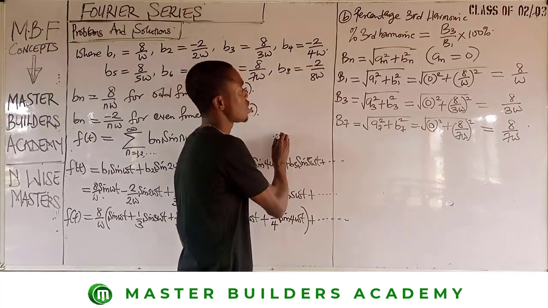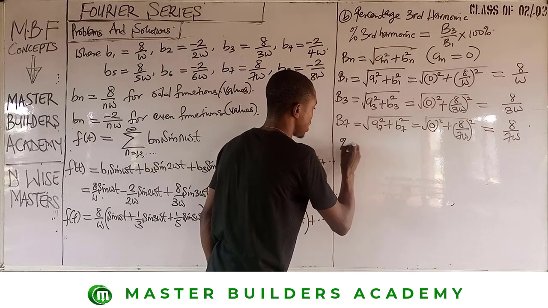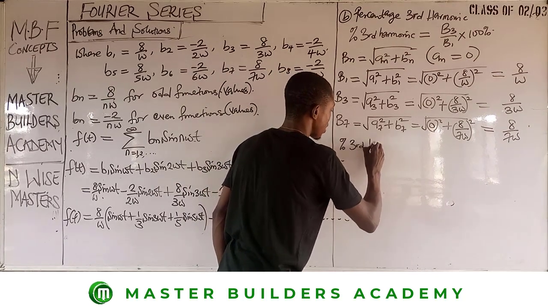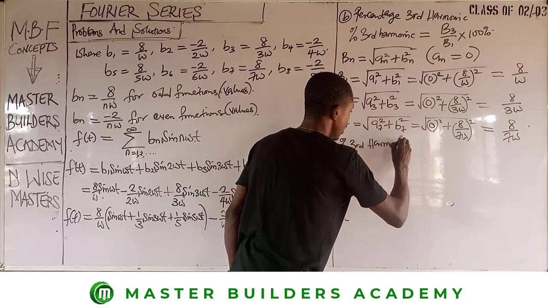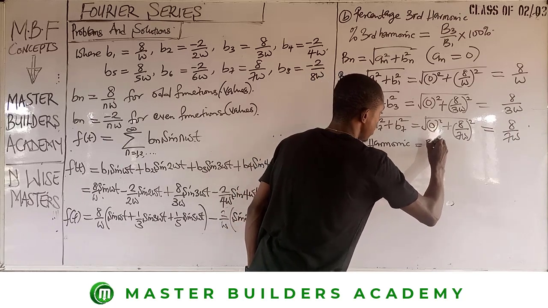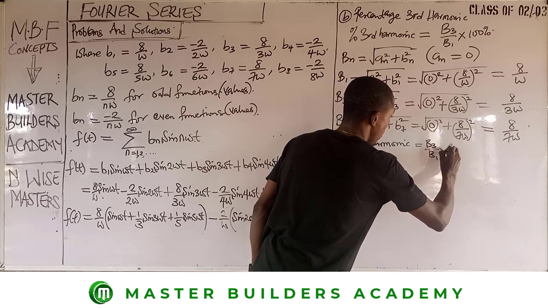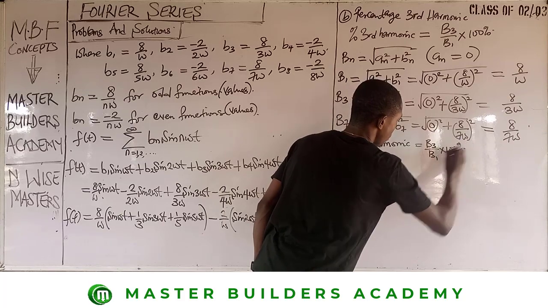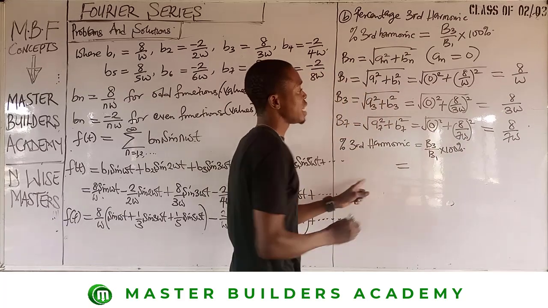So according to the question, to find percentage third harmonic, we said is B3 over B1 multiplied by 100%. Now the question is, what is B3?